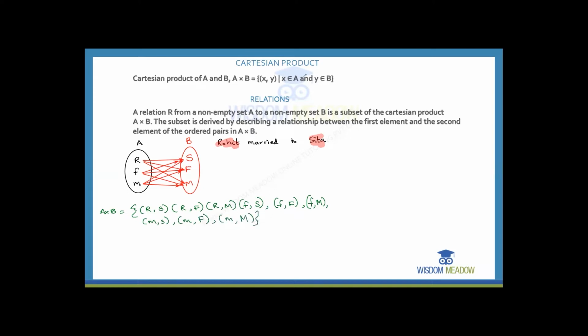So this is the concept of A cross B, where you could see that the first element of each of this ordered pair belongs to the set A, and the second element to set B.